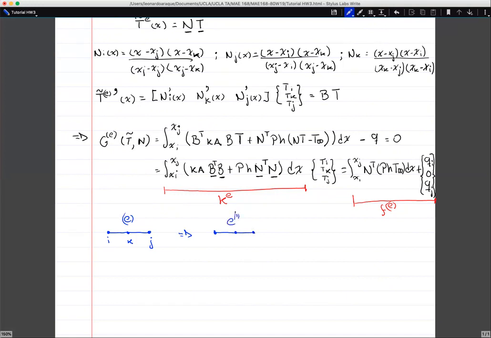This is element 1 with nodes at x1, x2, and x3.